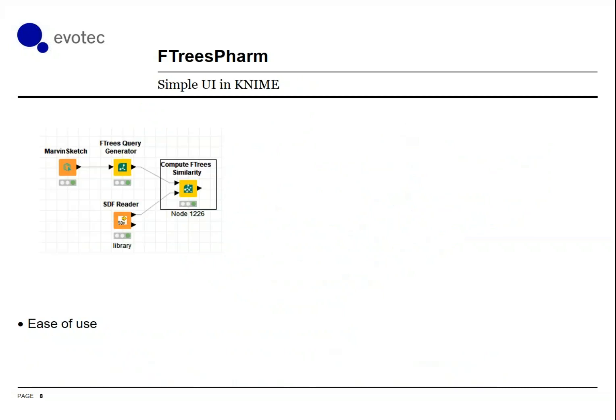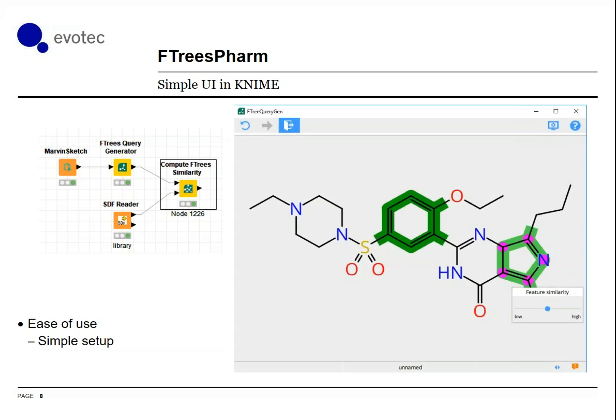I should explain how you use FeatureTrees Farm only very briefly. We wrapped this functionality in a KNIME node. So let's assume you sketch your molecule, your query molecule here. You pipe it into the FeatureTrees query generator. If you execute that node, a simple GUI pops open.